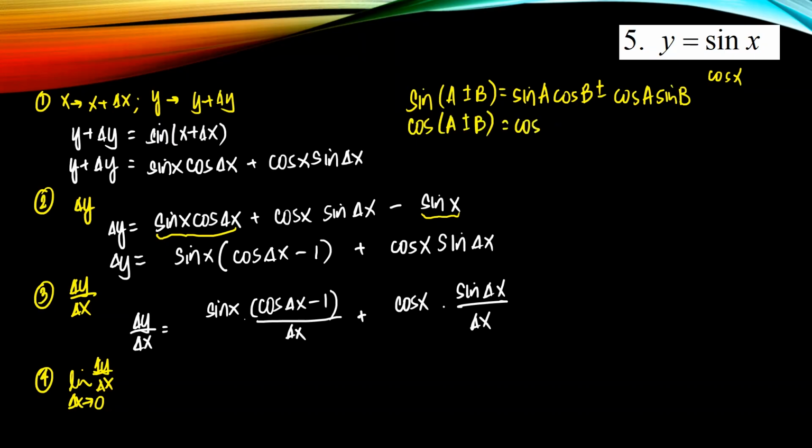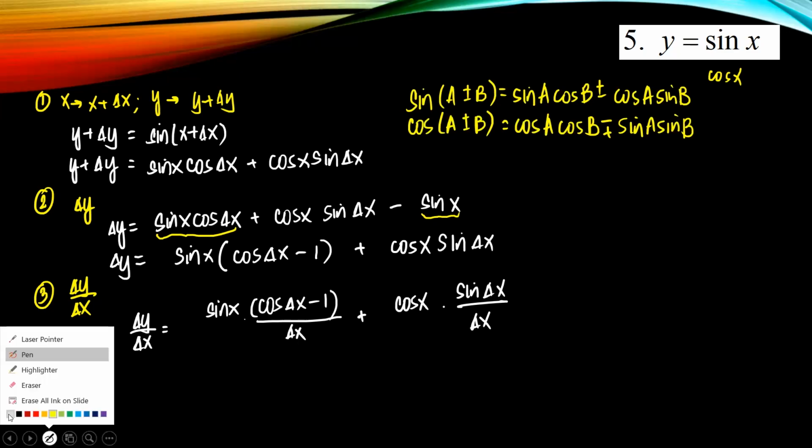This one is cos, sin. You understand? For the upper sign, look at the upper sign. For the lower sign, look at the lower sign. It so happened that for cosine, it's minus. You understand? Okay. So let's solve for the limit.